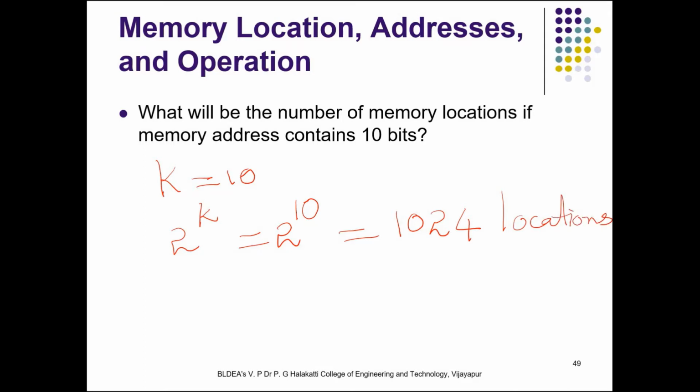Right? So 2 raised to 10 is 1024 locations. 2 raised to 20 is 1 mega, and if k is equal to 30, it will be 2 raised to 30, which is nothing but 1 giga. 2 raised to 40 is 1 tera, and so on.